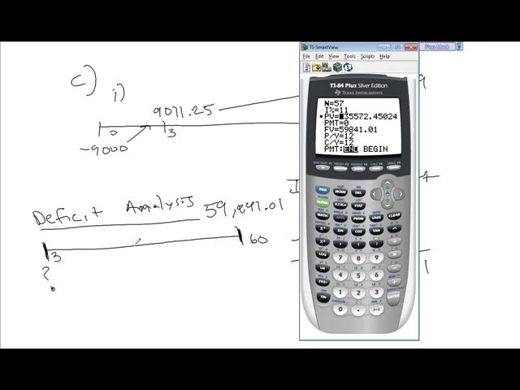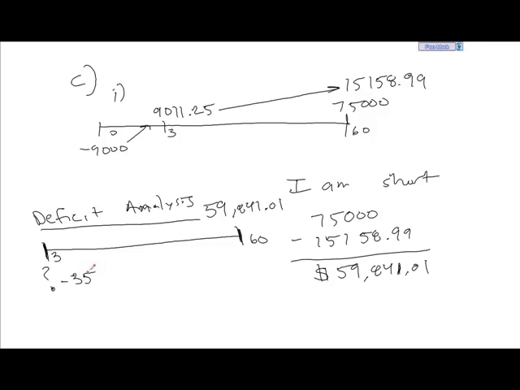And I find that I would need to put away at month 3 $35,572.45. So this is what I need to put in. This is my lump sum at month 3.